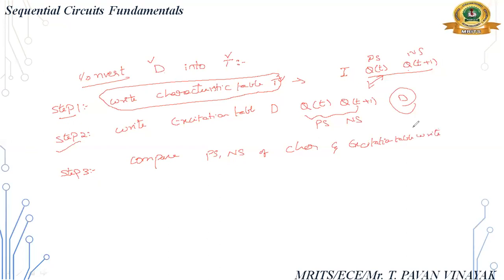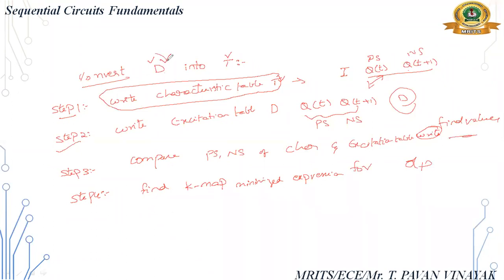Write or find the values. Next step is to find the K-map minimized expression for the output values, which means for D. Here the output value is D. Suppose I am given a JK flip-flop here, then you have to find the outputs for JK.